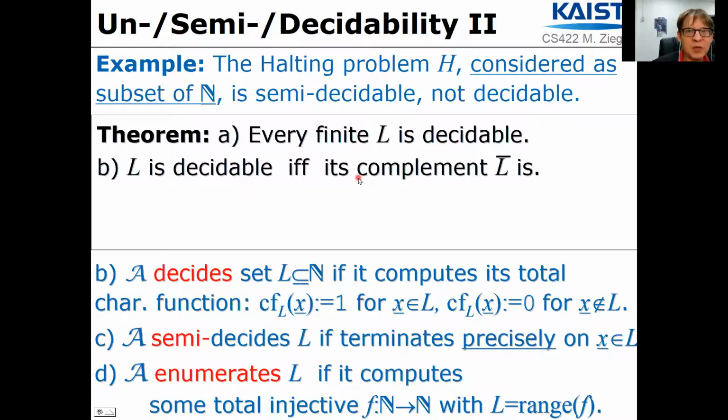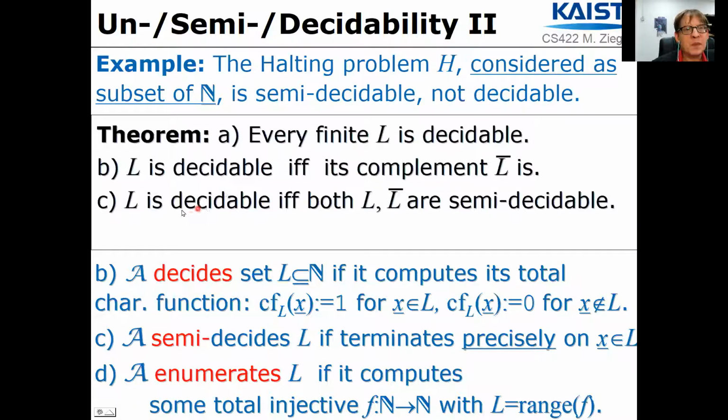But first, let's digest the meaning, the intuition of this statement, namely that the set of decidable sets is closed under complement. That's something nice.